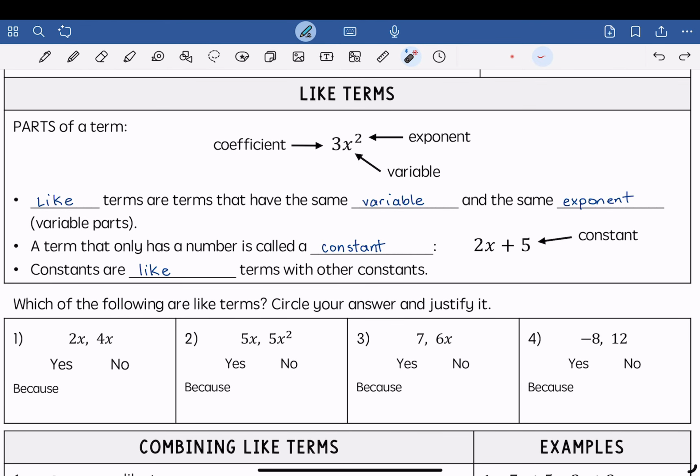So what are like terms? Like terms are terms that have the same variable and the same exponent, which is referred to as the variable parts. So both of these two, exponent and variable, are also called variable parts.